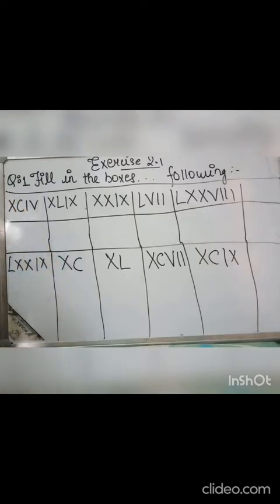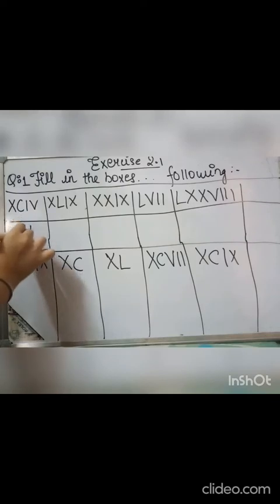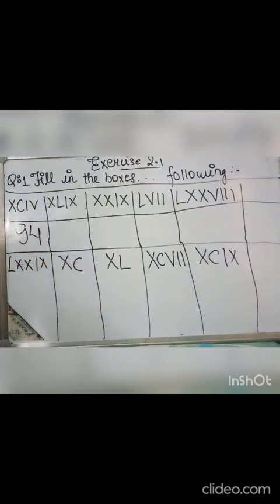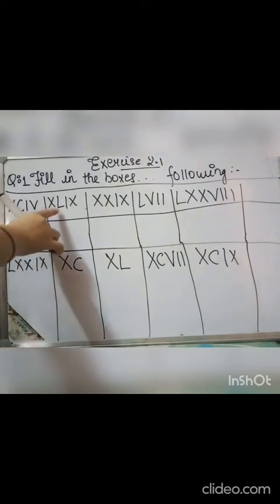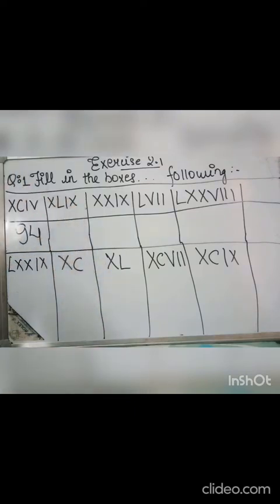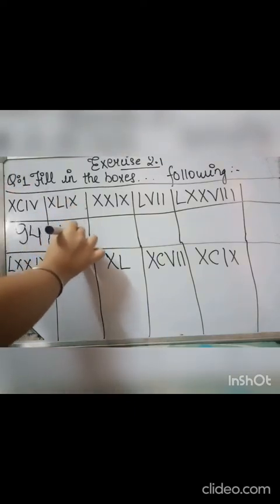IV means 4. So this becomes 94. Then XL means 50 minus 10. 50 minus 10 is 40, and then IX is 9. So 49.